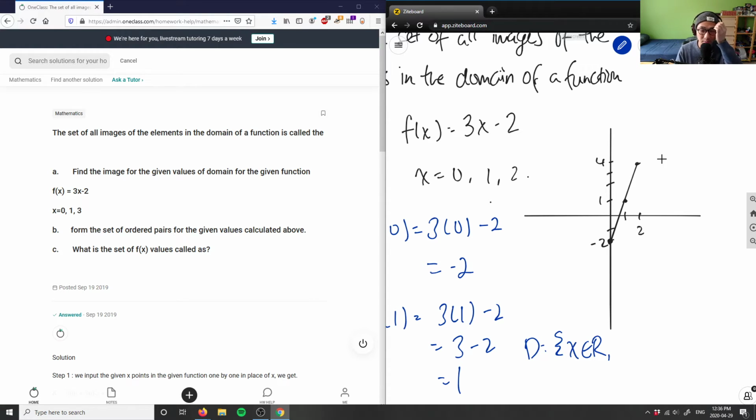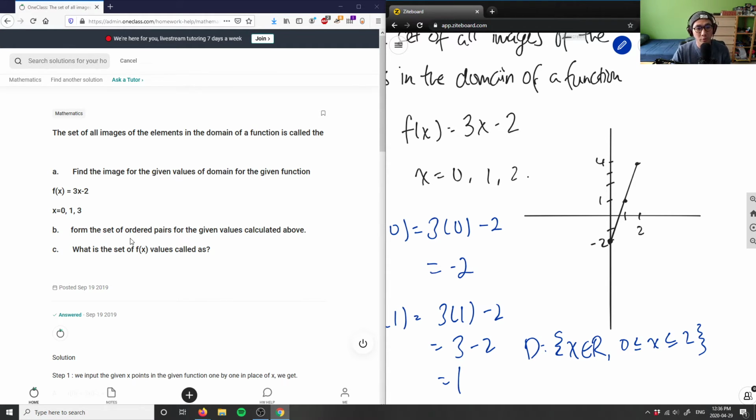And x has to be basically from 0 to 2. This would be the set of my domain for my real numbers here.